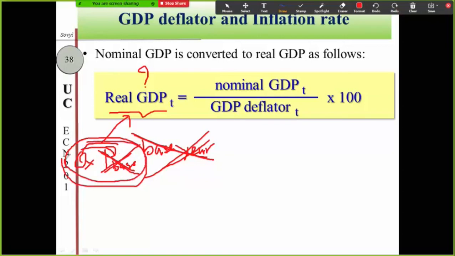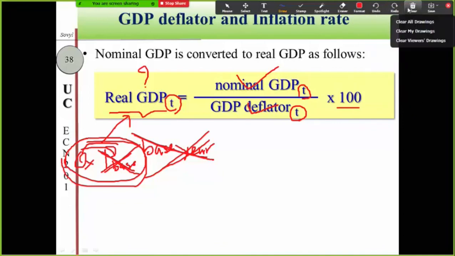If we cannot use this formula to find real GDP, we have another chance to get real GDP from another formula. Real GDP in year T comes from nominal GDP in year T divided by GDP deflator in year T multiplied by 100. So if you know nominal GDP and GDP deflator, you can find your real GDP.